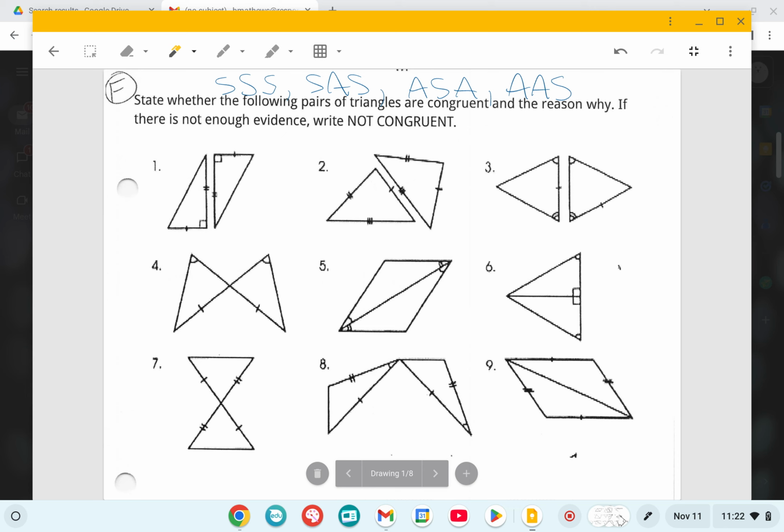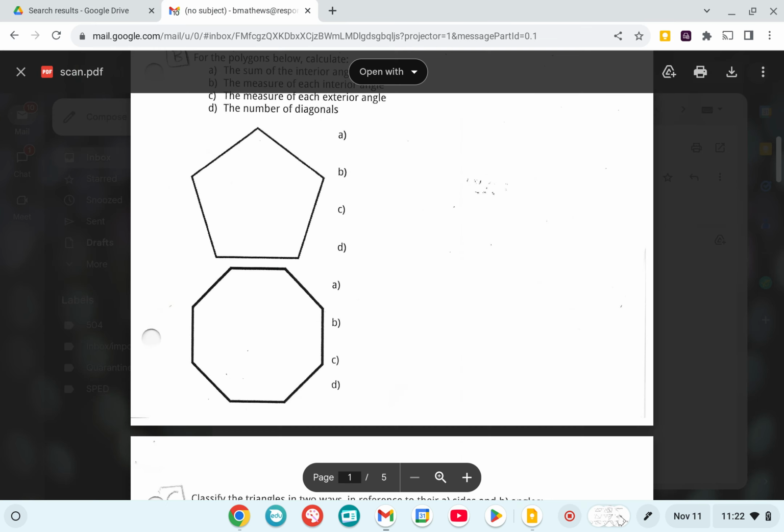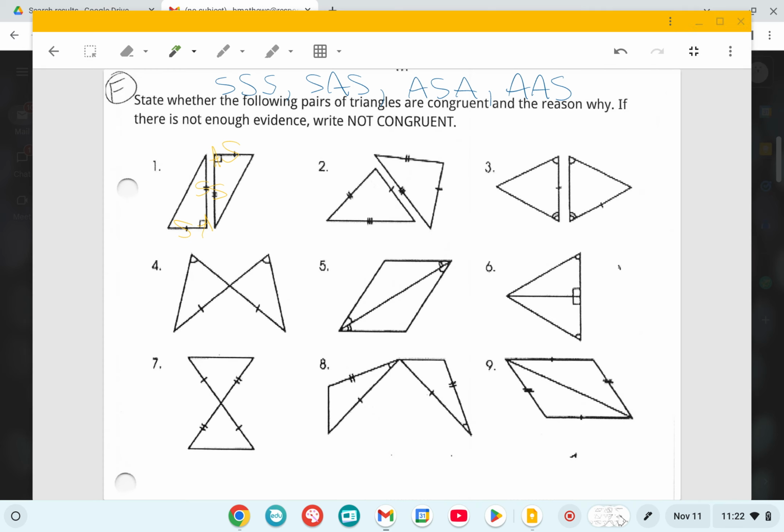So looking at the first one, I see that there is a side here that's congruent to a side here. There's a side here that's congruent to a side here, and an angle here that's congruent to an angle here. Now when I look at these two triangles, I can see that this triangle here is side, angle, side, and this triangle here also is in the pattern side, angle, side.